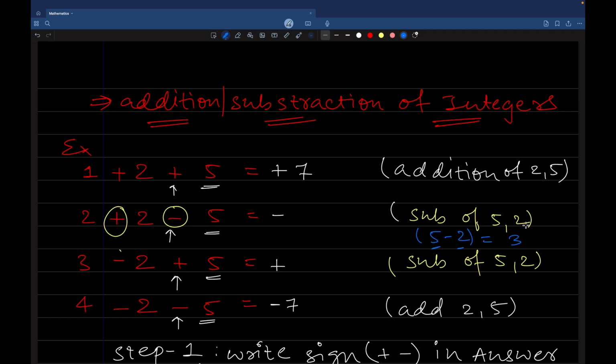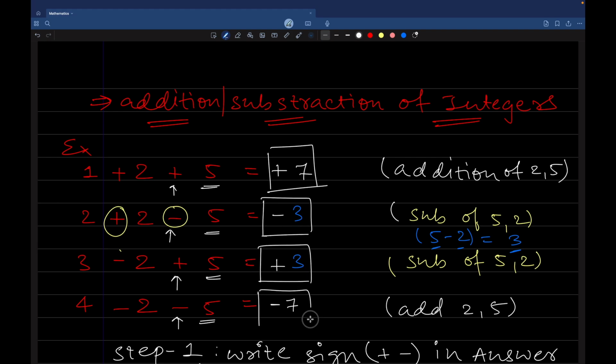So 5 minus 2 is 3. In the third case also, the answer is 5 minus 2, that is 3. And the final answers we get in all the cases are plus 7, minus 3, plus 3 and minus 7.